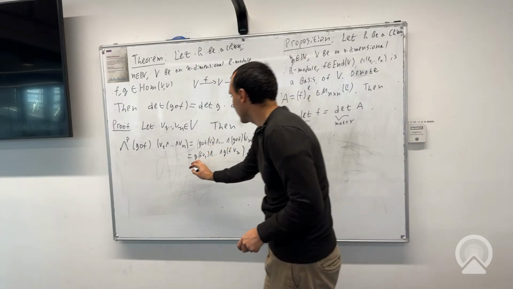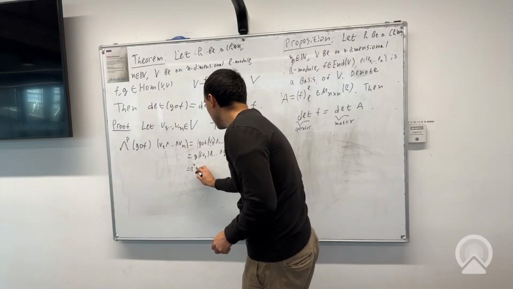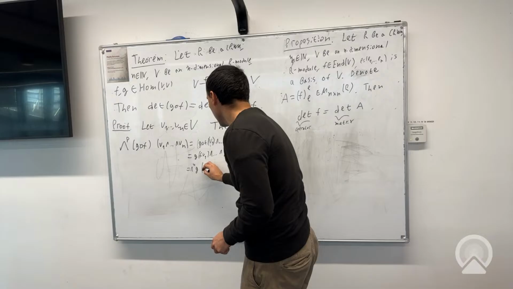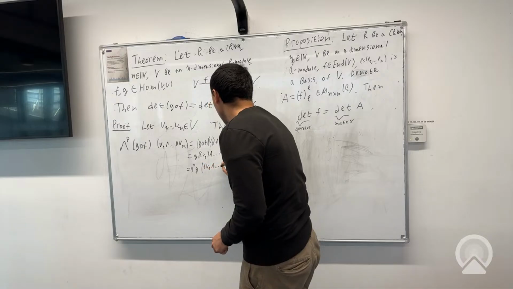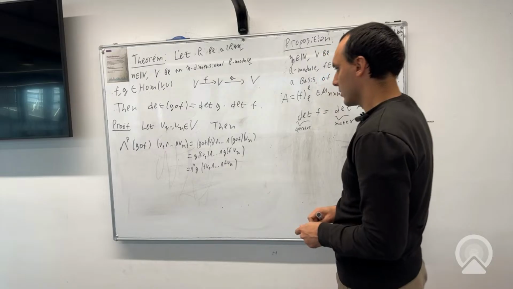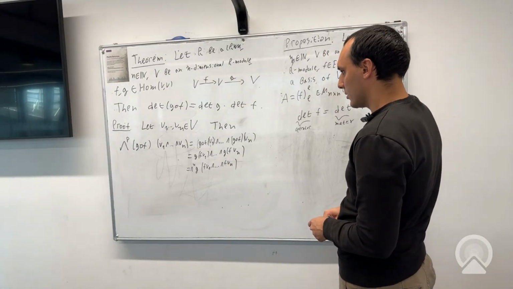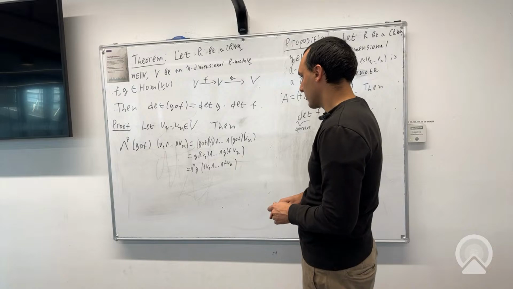Now we go back: this is lambda n G applied to F V1 to F Vn. Yes, this is by definition.